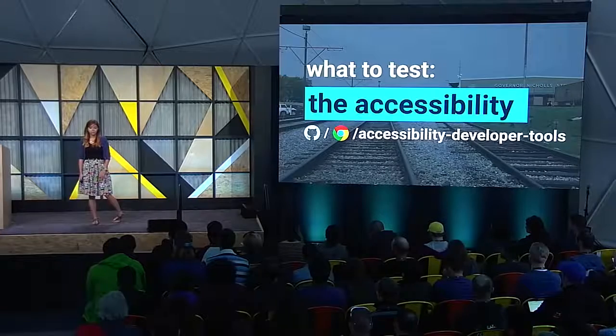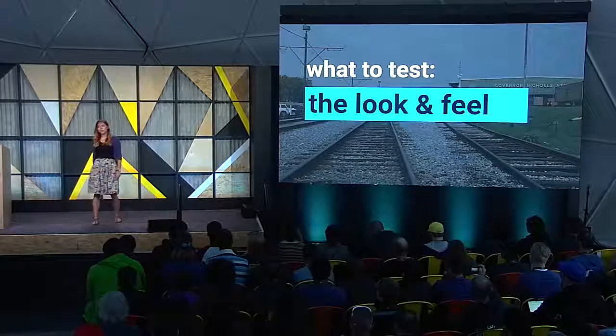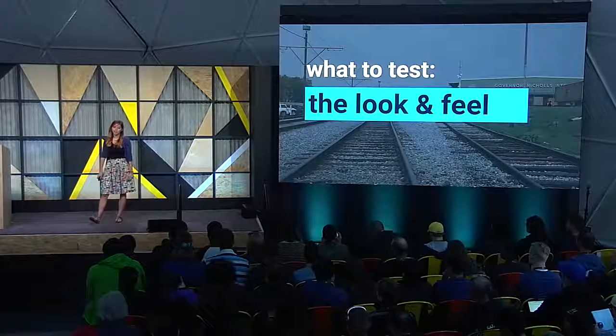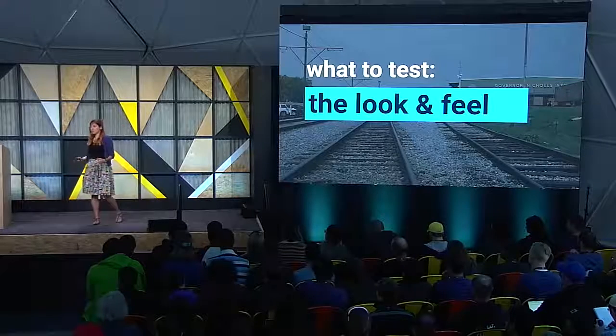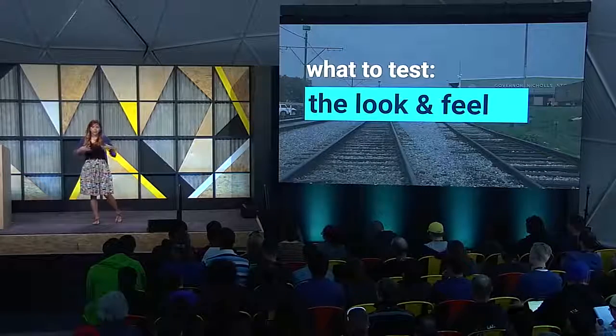You can automate them. You should also test the look and feel. And this is where things get interesting. Because you're vending elements that look like something, the thing that they look like becomes part of your contract with the API, with the element user.